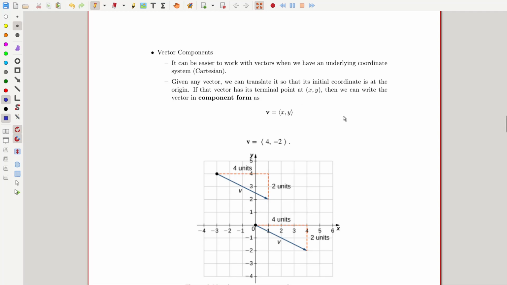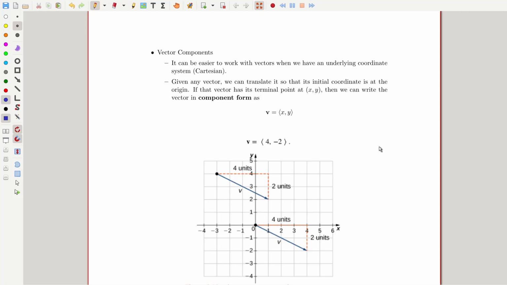The way that we give a name to these vectors under this coordinate system is, first of all, we think of vectors as objects floating in space. They're defined to be objects with a length and a direction. Notice that we don't care about the initial point or terminal point, just the length and the direction.